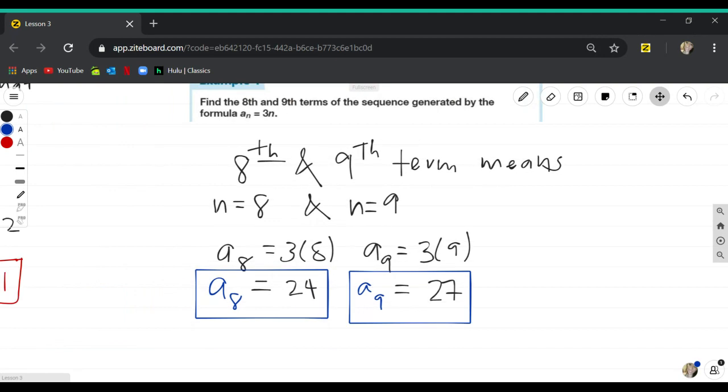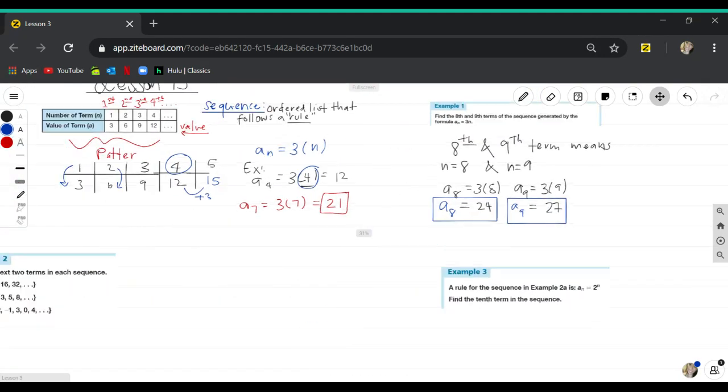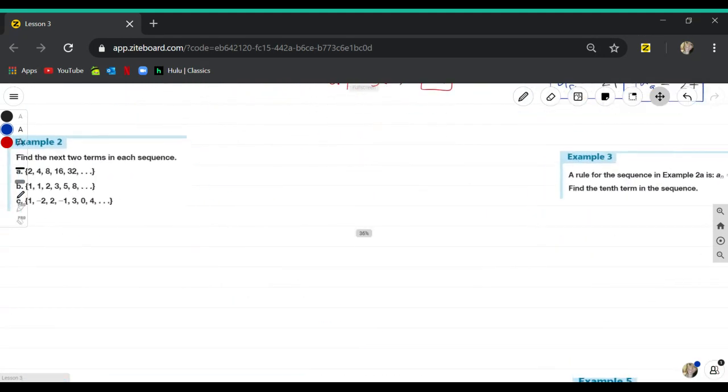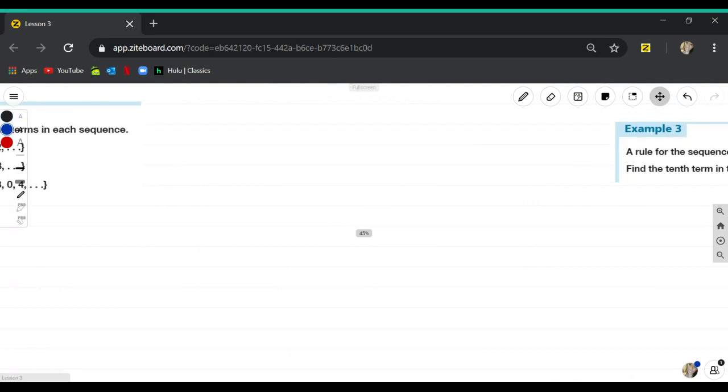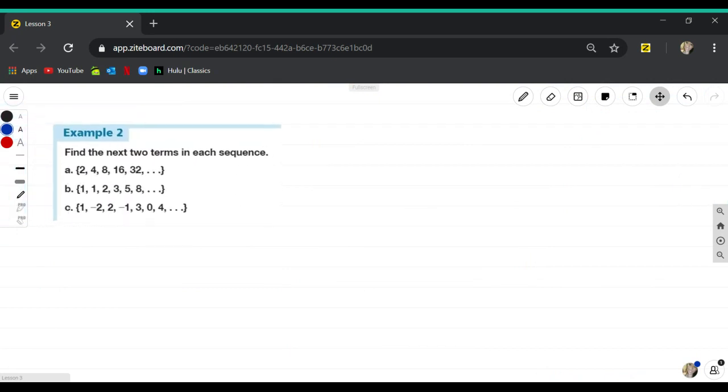Okay, we can take a look at another one just to help you out with any work. The next one says, find the next 2 terms in each sequence. So we're going to take a look at this problem. I'll label A. A is the first one.